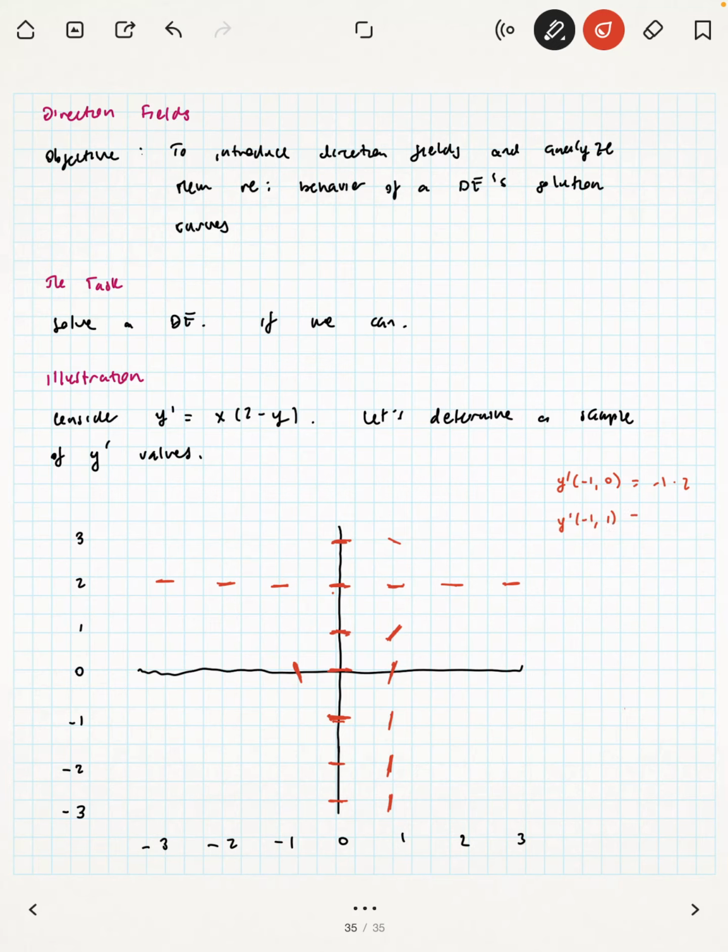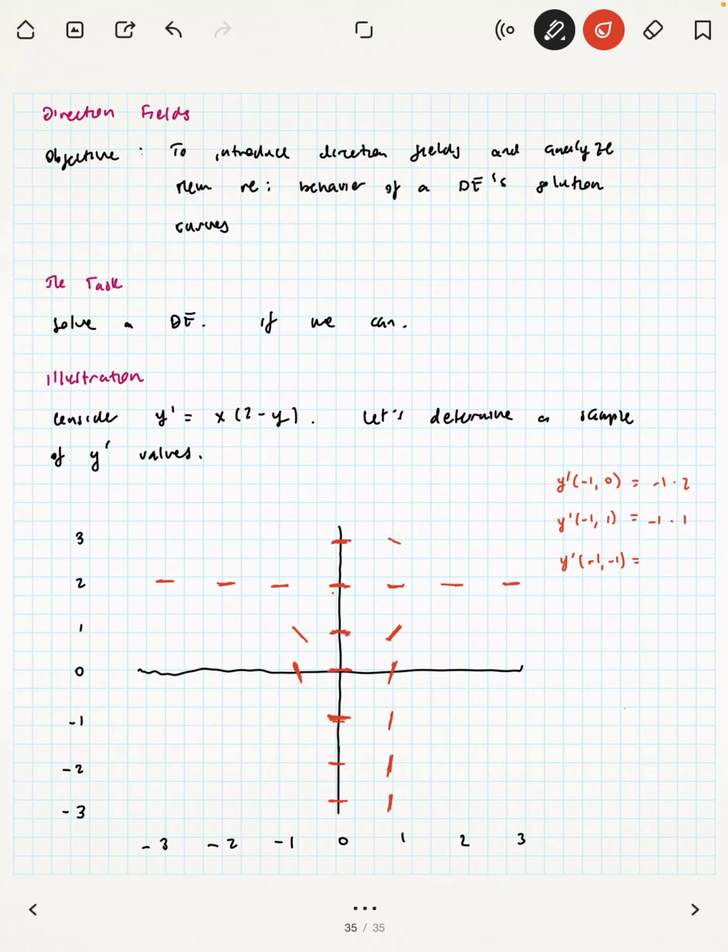Something like that. What about y prime of negative 1 comma 1? That's going to be negative 1 times 1, so negative 1. You'll notice that we're actually going to get a mirror image of the x equals 1 set.